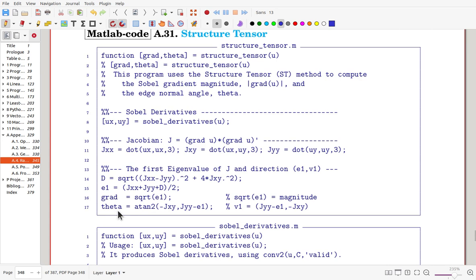Of course the value of theta will be between minus pi to pi. Maybe one of them is exclusive.